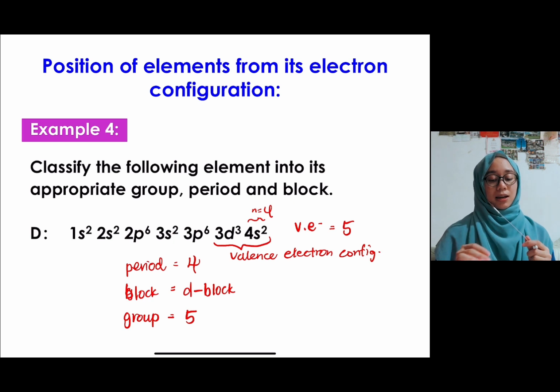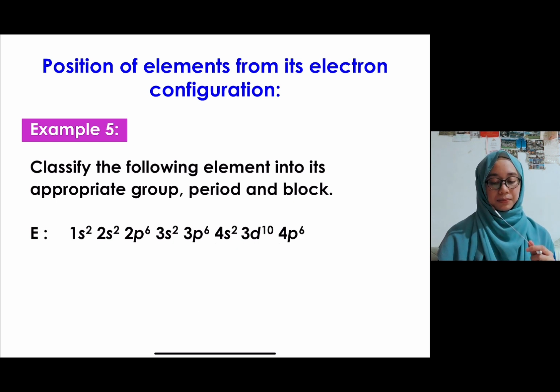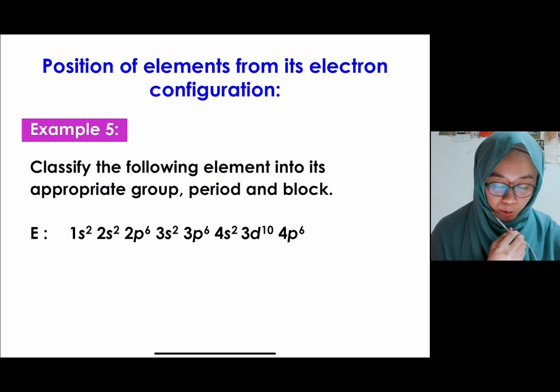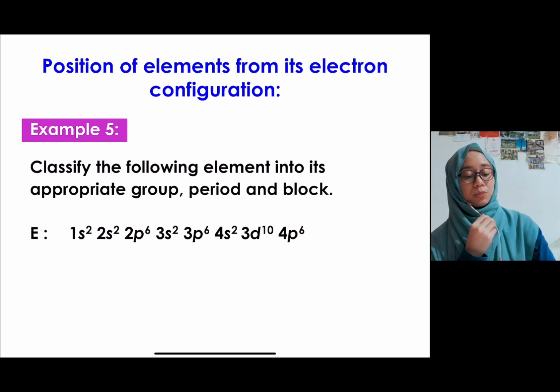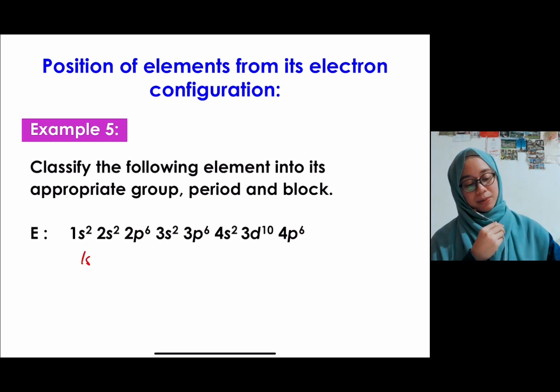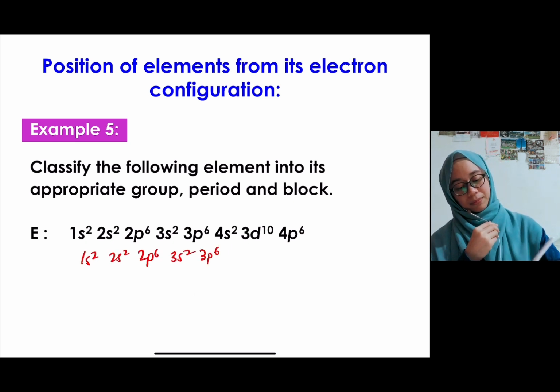Okay, and last kali, kita ada example 5 untuk element E. So, you are given 1s2, 2s2, 2p6, 3s2, 3p6, 4s2, 3d10, 4p6. Tapi, rearrange balik kan? Sebab tiba-tiba 3d in between 4s dengan 4p. So, rearrange balik.